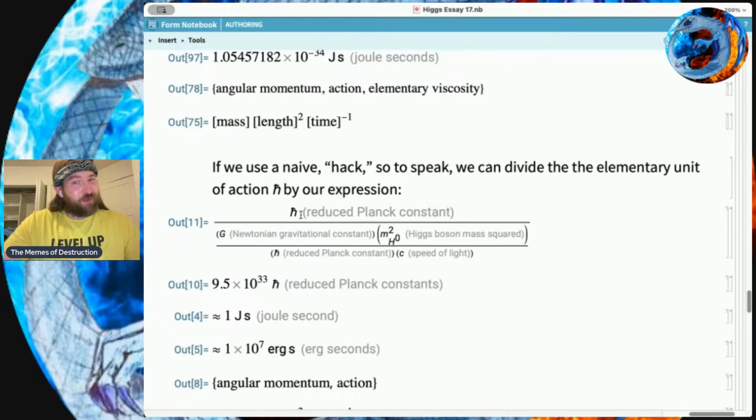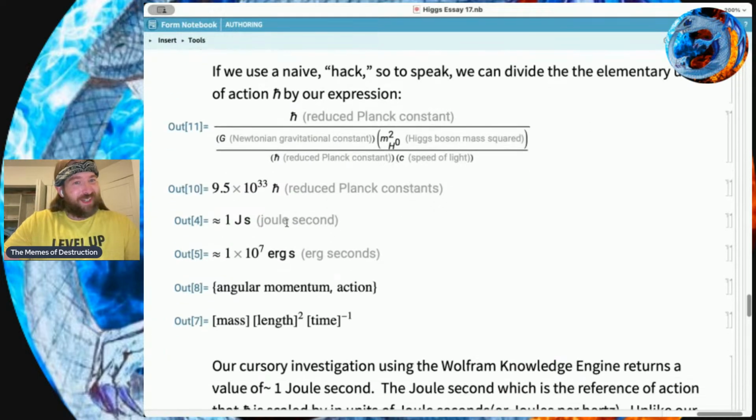But long story short, if you divide by h bar, you're going to get a number out in joule seconds. The reason I'm doing this is, or at least my argument is, that the Higgs mass is approximately 1 joule second. So I find it interesting that hypothetically, if we were to scale the Higgs boson by the square root of action, h bar divided by the reference of action, the joule second, this equals one.